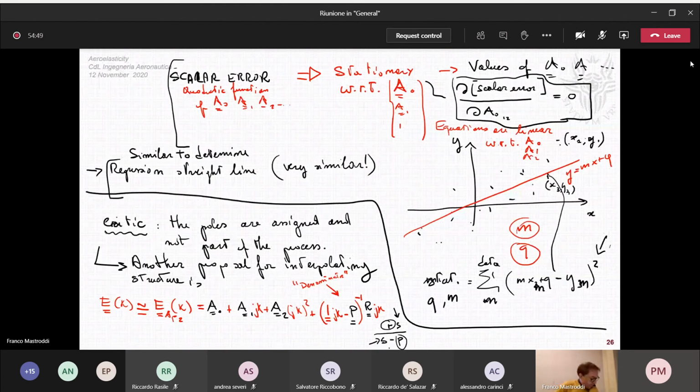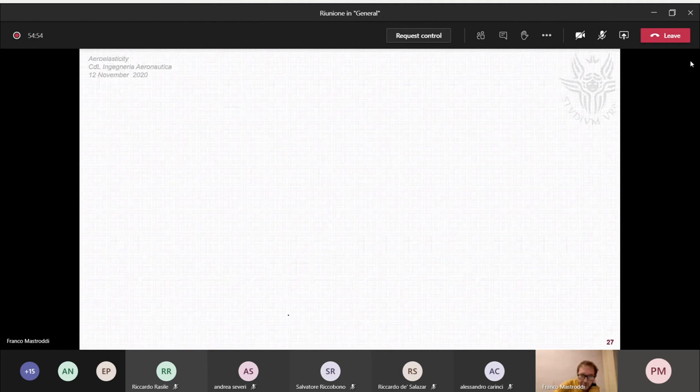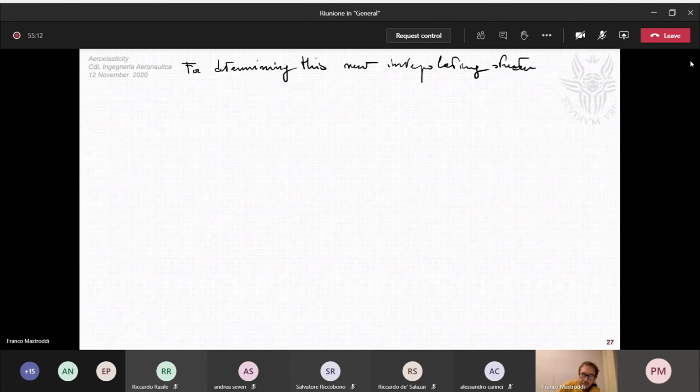Okay, so we have this new interpolating structure, and for determining it, we have the following.